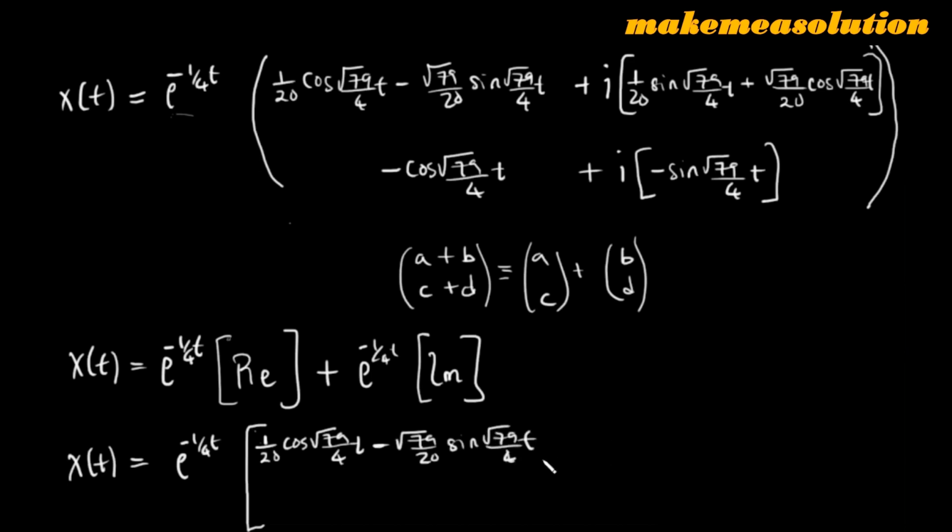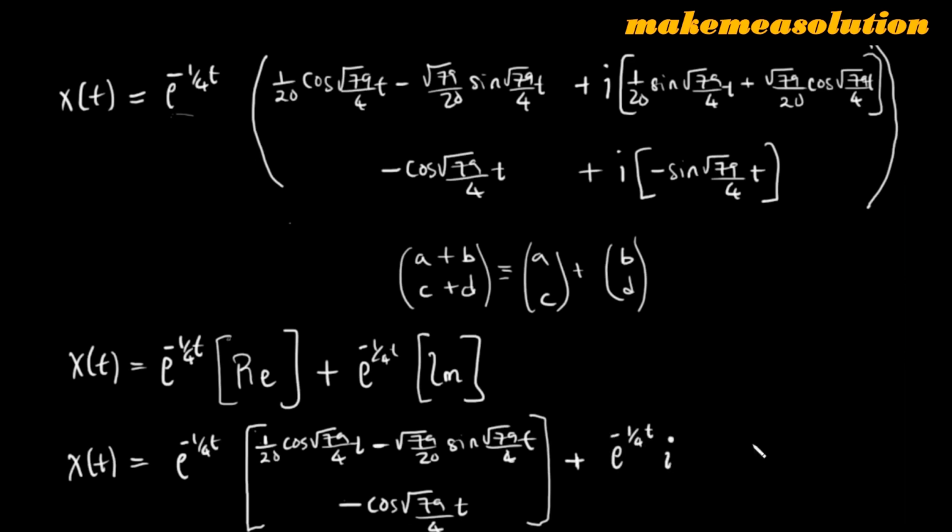Okay, so this is the real part. Then you now have minus cos root 79 over 4t. Okay, and we now have plus the imaginary parts. We have exponential minus 1 over 4t.